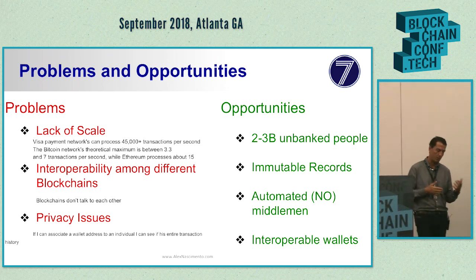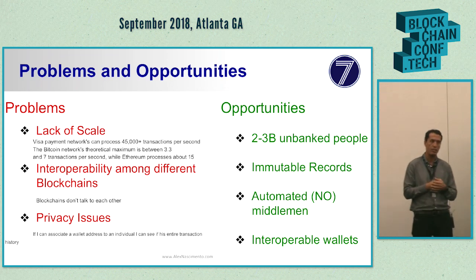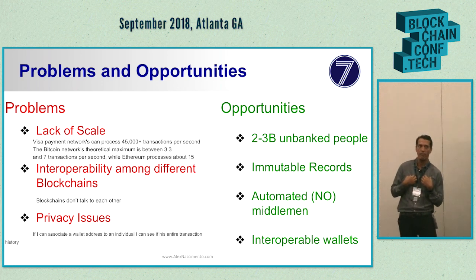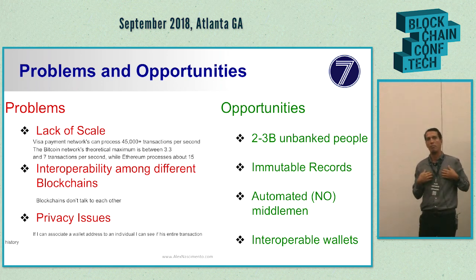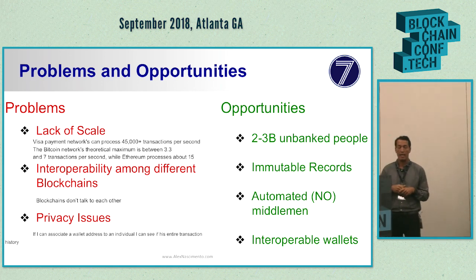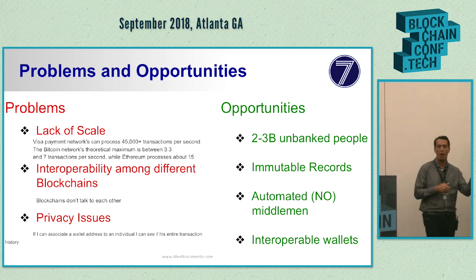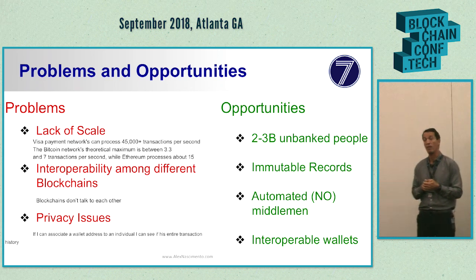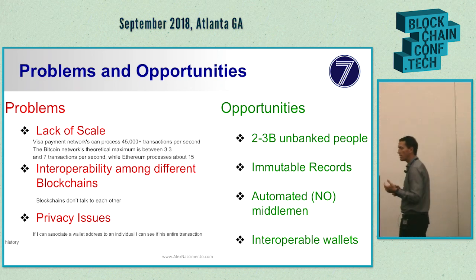And privacy issues, right? You can look at it from both ways. I might not want my wife to know how much money I have in the bank. Or you might, as a supplier, not want all your customers to know the different prices you operate for different clients. So privacy is still an issue.